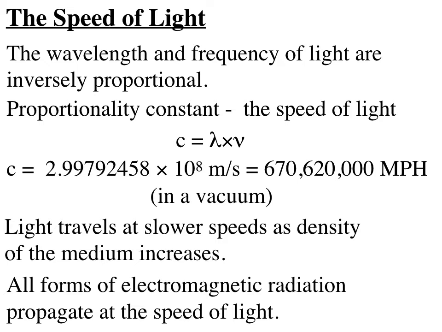Now you see what it is given there in miles per hour. It's 670 billion miles per hour would be how fast you'd have to be moving at the speed of light. So we're going to look on the next few slides at some ways in which we can use this number after we talk about the different components of the electromagnetic spectrum.